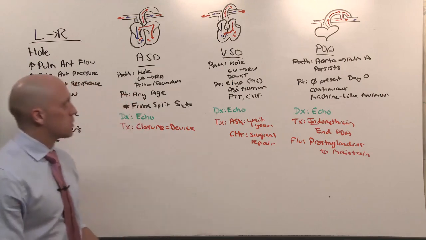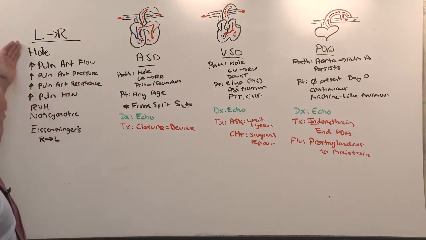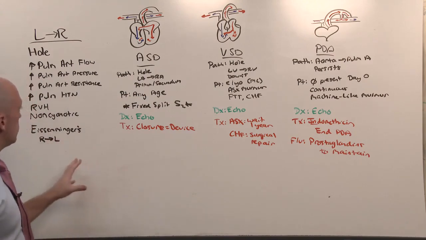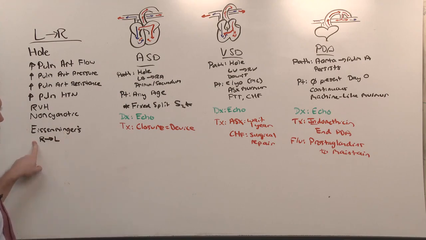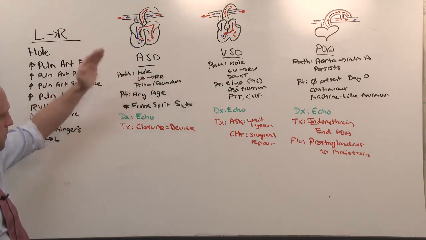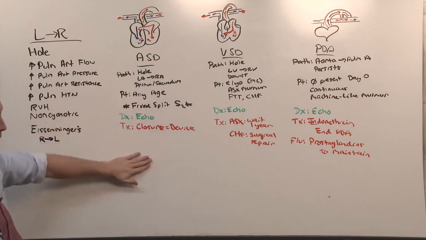So in this first half of the lecture, we talked about left to right shunts. Blood goes into the pulmonary artery when it's not supposed to, and eventually it reverses to Eisenmenger's. ASD is a hole from the left atrium to the right atrium, fixed split S2, device closure.